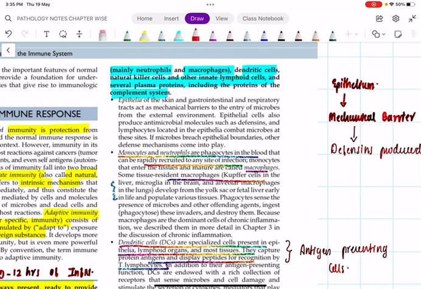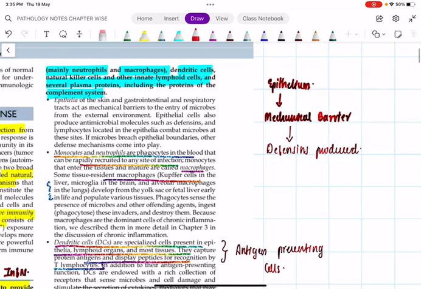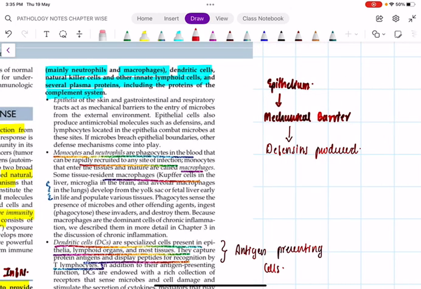So we have a lot of barriers. Out of that, epithelium acts as one of the mechanical barriers. The epithelial cells produce some antimicrobial substances like defensins. These defensins will prevent the microbes from penetrating the epithelial boundaries. Then we have monocytes and neutrophils. They are the phagocytes.